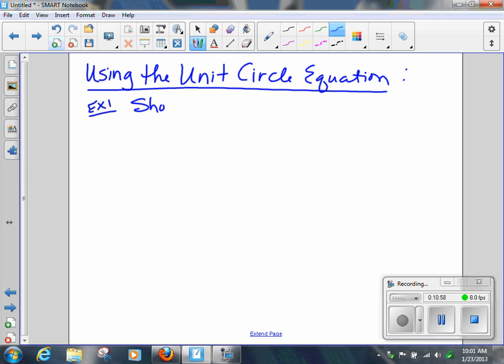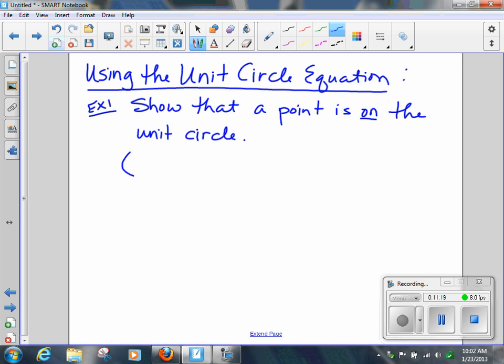So, you're going to show that a point is on the unit circle. We've got to show that this point, negative 2/3, negative root 5/3, is on the unit circle.